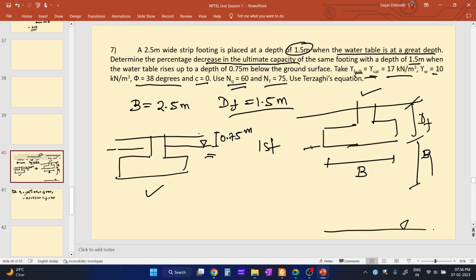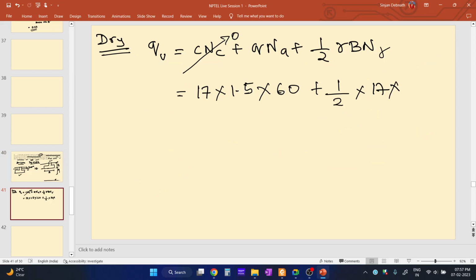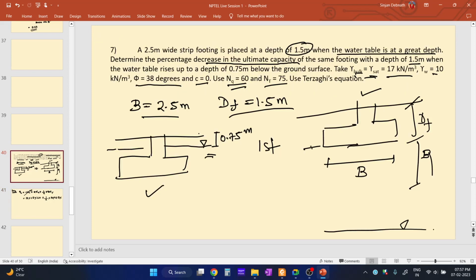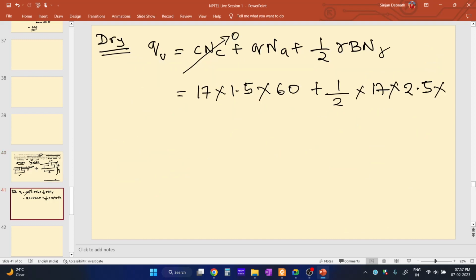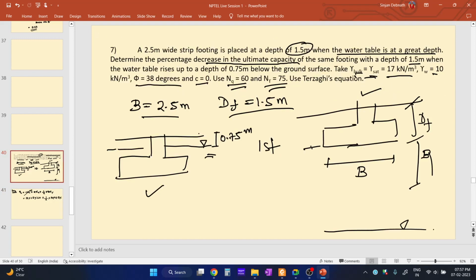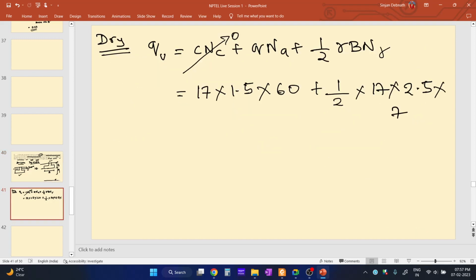It is 2.5 meter wide. And what is N gamma? N gamma is 75. Now if we solve this, we will get the value 3124 kilonewton per meter square.